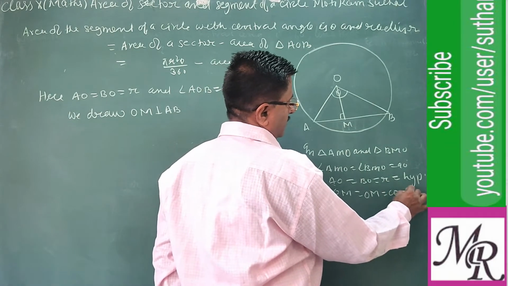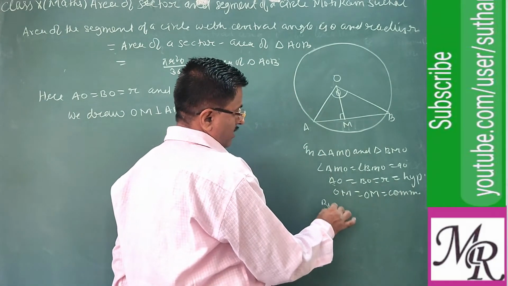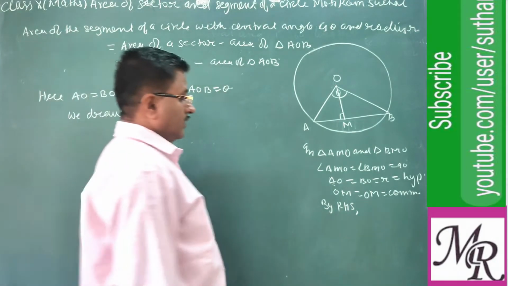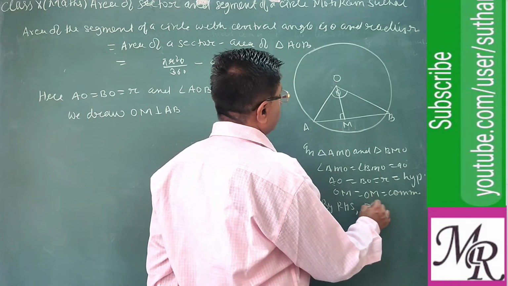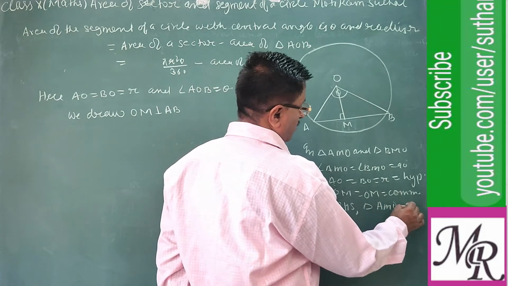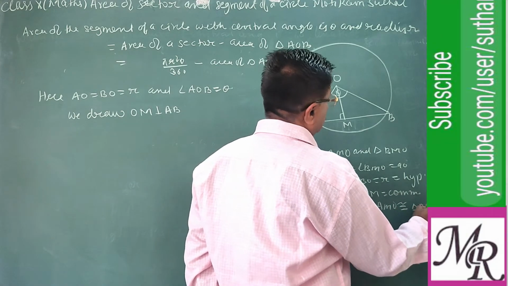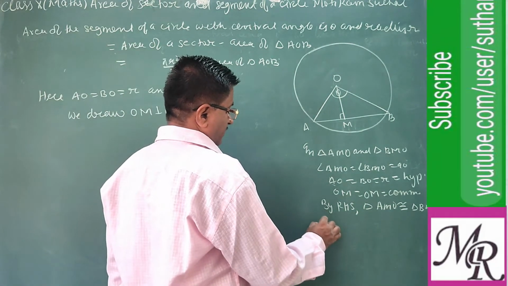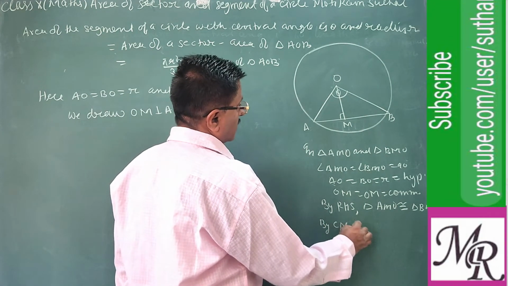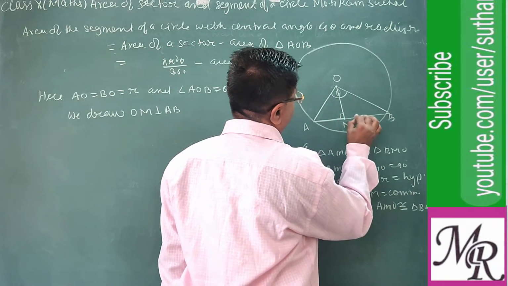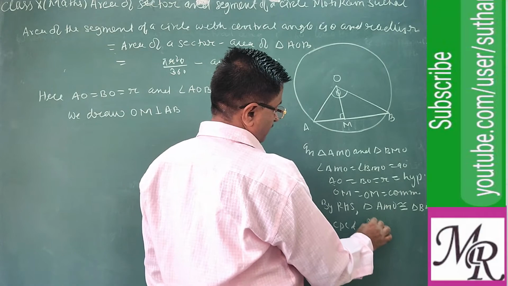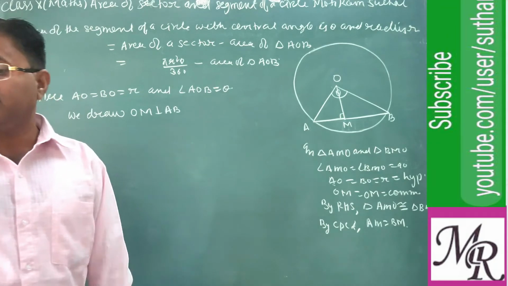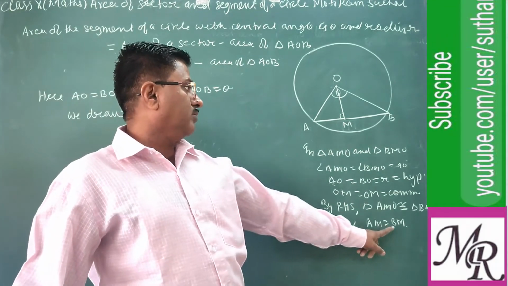By the congruent triangle theorem, triangle AMO is congruent to triangle BMO. So we get AM equal to BM. Clear?